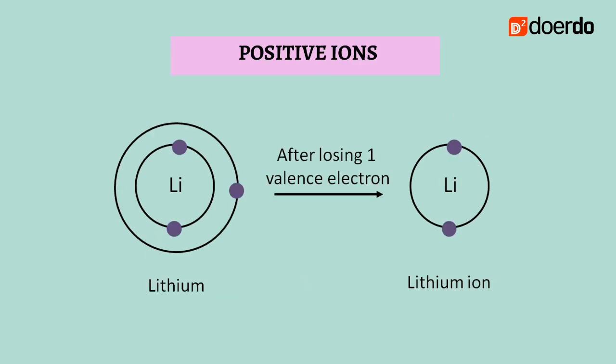So using lithium as an example instead of sodium, we can see that the formation of positive ions, otherwise known as cations, occurs due to the loss of electrons. And how many electrons you lose is dependent on your electronic configuration. For metals like lithium and sodium, they will lose electrons such that their electronic configuration matches that of their closest noble gas.